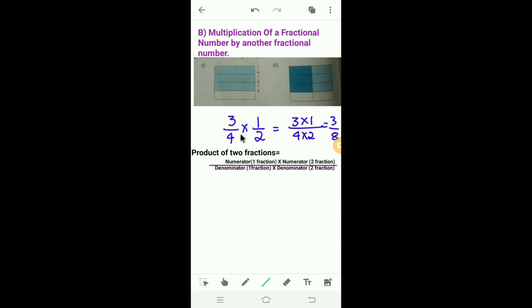Here 3 is the numerator of the first fraction and 1 is the numerator of the second fraction, by 4 into 2. 4 is the denominator of the first fraction and 2 is the denominator of the second fraction. Then the answer is 3 by 8. So the formula of product of two fractions is equal to numerator of first fraction into numerator of second fraction by denominator of first fraction into denominator of second fraction.